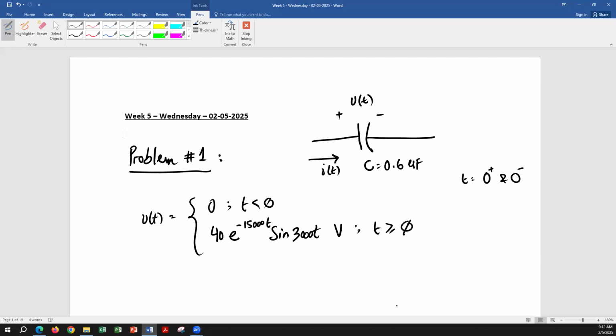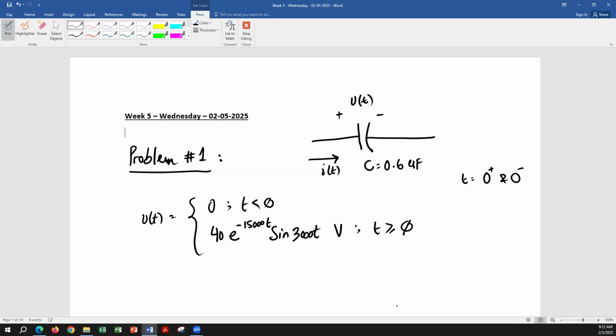So if you plug in t equal to 0 in this equation, of course, sine of 0 is 0. So this whole thing is going to be 0 at t equal to 0 as well. So the capacitor voltage is going to be 0 at t equal to 0 negative, and it will be 0 at t equal to 0 positive. That is, it will hold its value of 0 and then it will start changing.